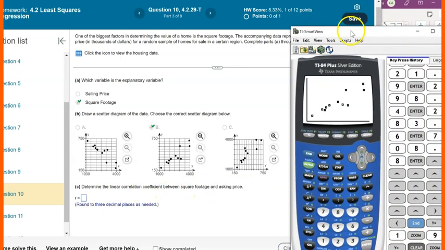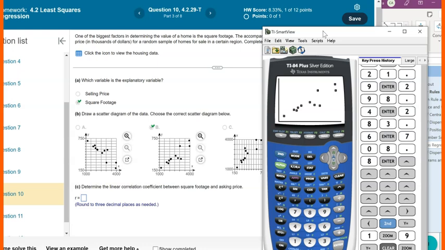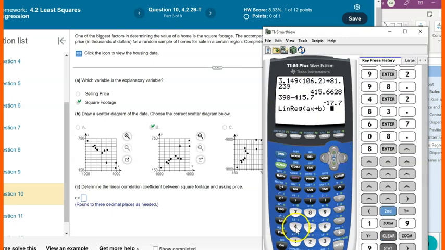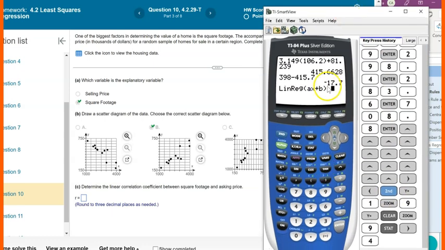This is pretty much chapter 4, section 4.1. To find the r, make sure that your diagnostic is on. Just do Stat, Calc, number 4, and press enter. You're going to be fine because your data is in L1 and L2. Press enter.